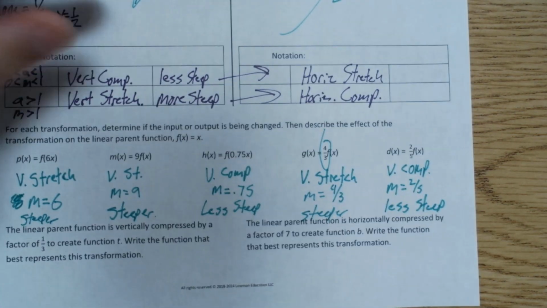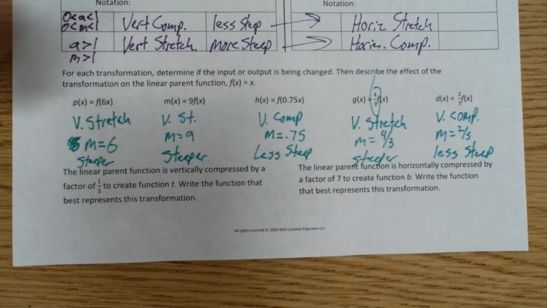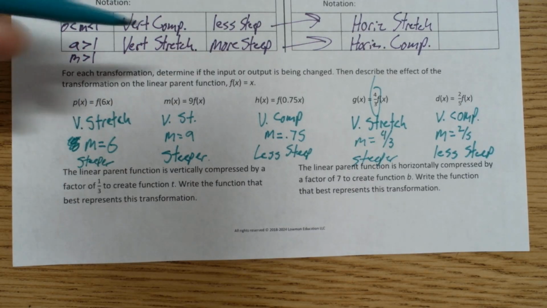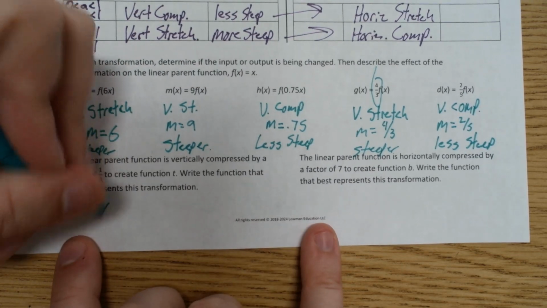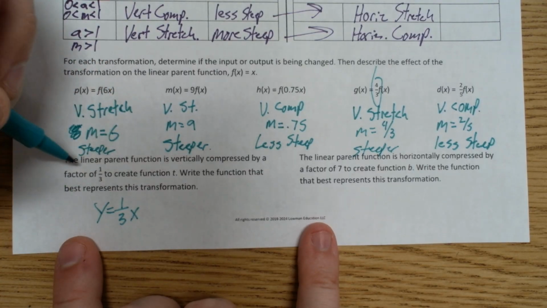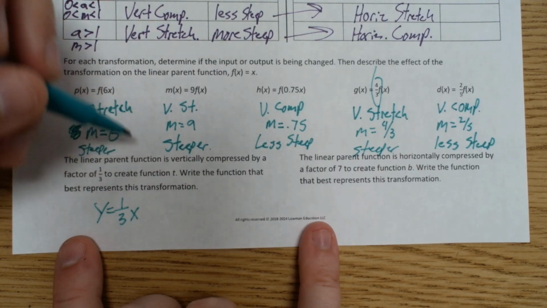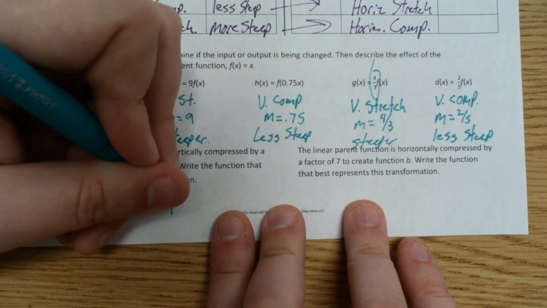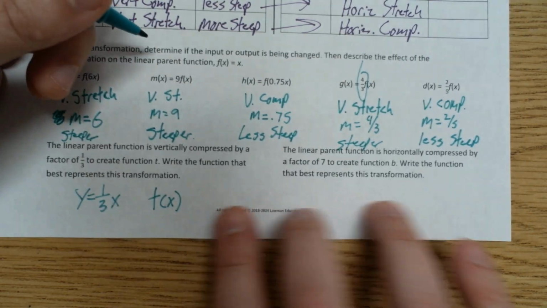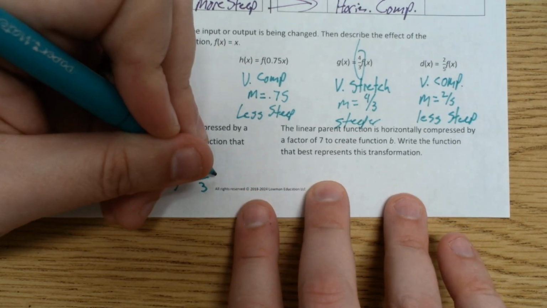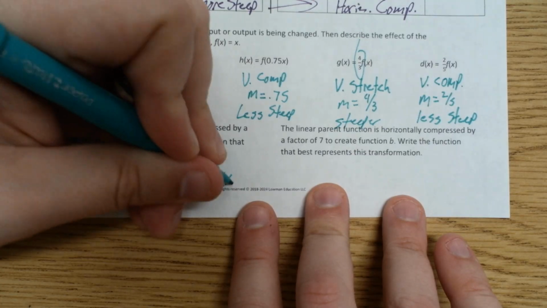We'll look at one: vertically compressed by a factor of 1/3 to create function t. We would just say y equals 1/3 x, or if we wanted to get technical with the parent function, t of x in function notation equals 1/3 times f of x.